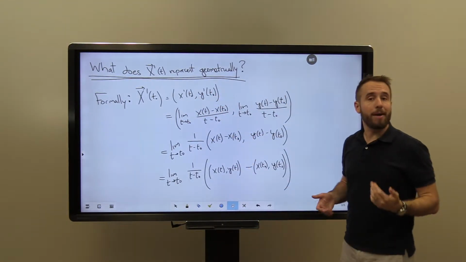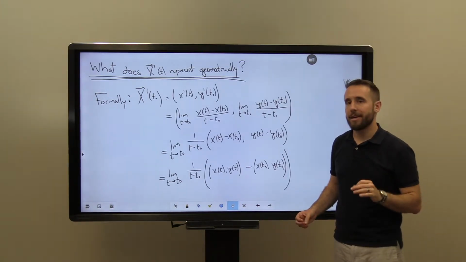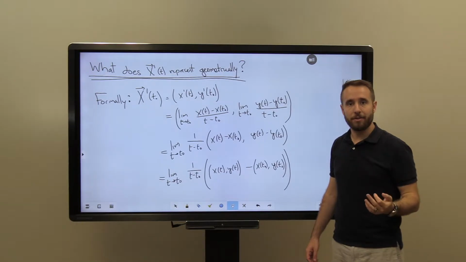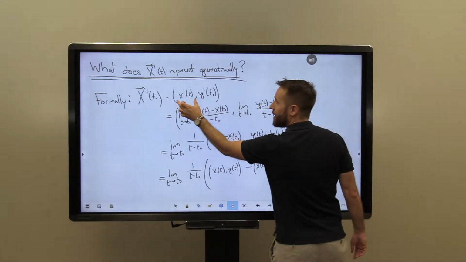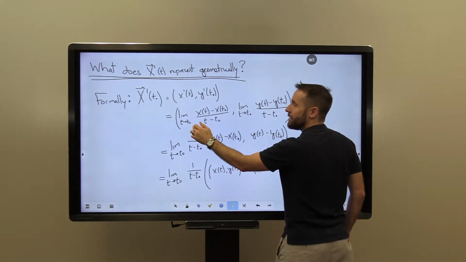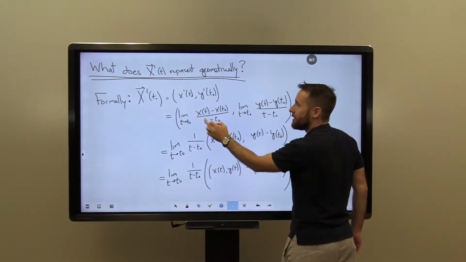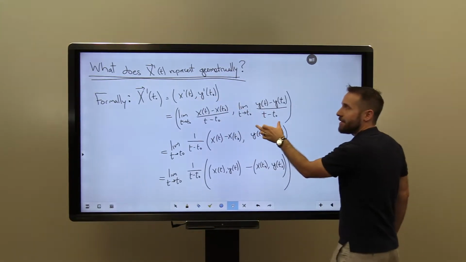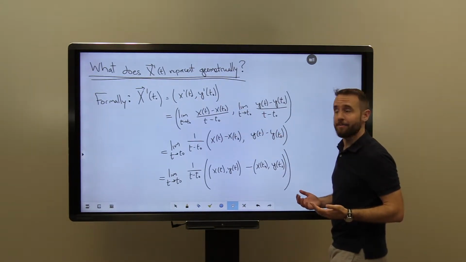But remember, going back to our original Calc 1 definition, the derivative is a limit expression. So x prime of t naught is really the limit as t goes to t naught of this difference quotient, x of t minus x of t naught over t minus t naught. And the same thing is true for the derivative of y.